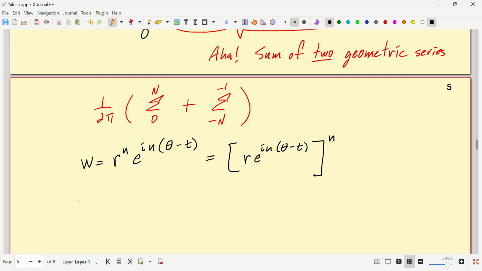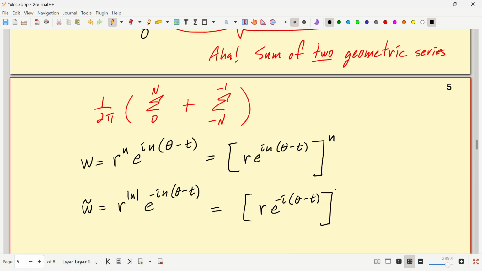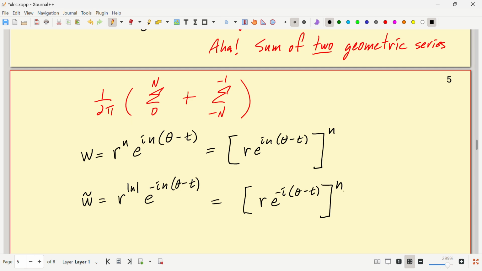And for the minus one, let's call W twiddle the other one, which would be r to the absolute n, e to the minus i n (theta minus t). That would be r e to the minus i (theta minus t), to the n. And so we have two geometric series, which you could sum explicitly.